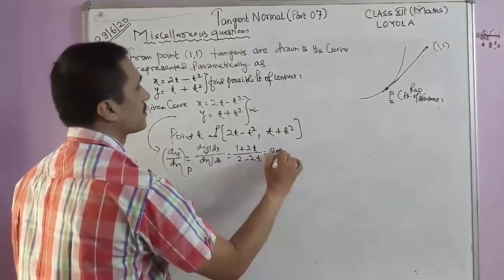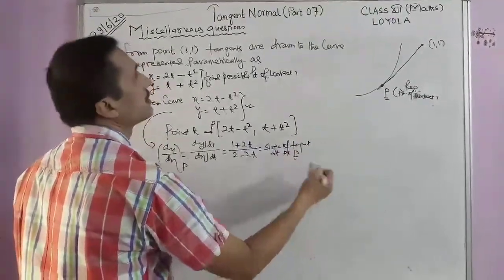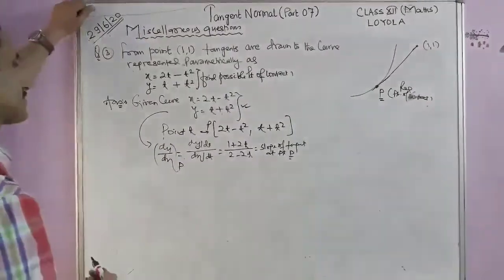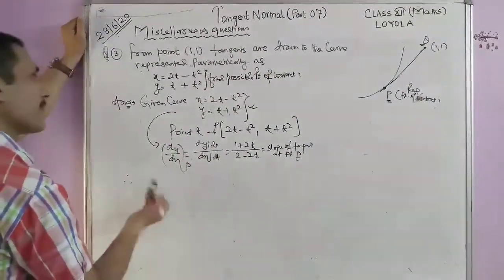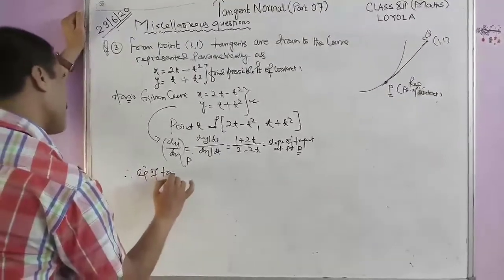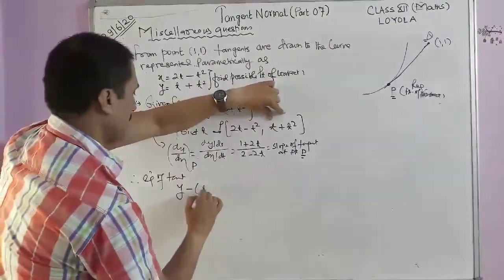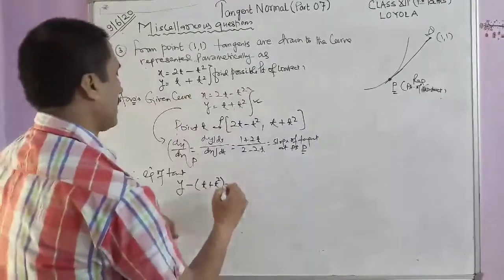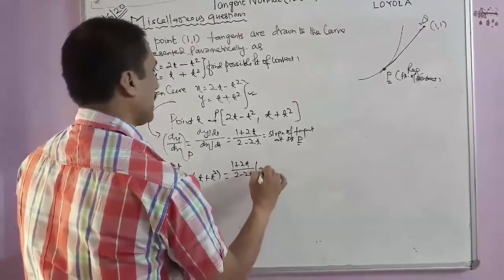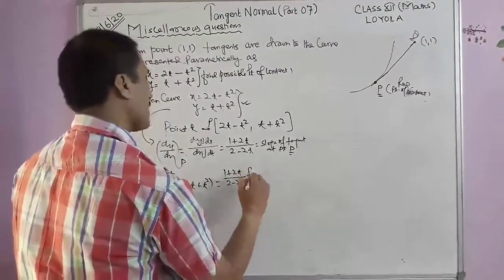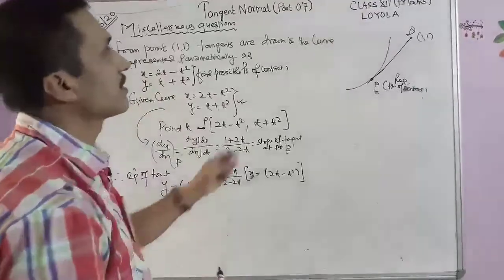This is the slope of the tangent at point P through the given point (1, 1), let it be Q. Therefore, the equation of tangent is y minus y1, where the coordinate of point P is (t plus t square), equals m, that is (1 plus 2t) upon (2 minus 2t), into x minus x1, where x1 is 2t minus t square. This is the equation of tangent PQ.